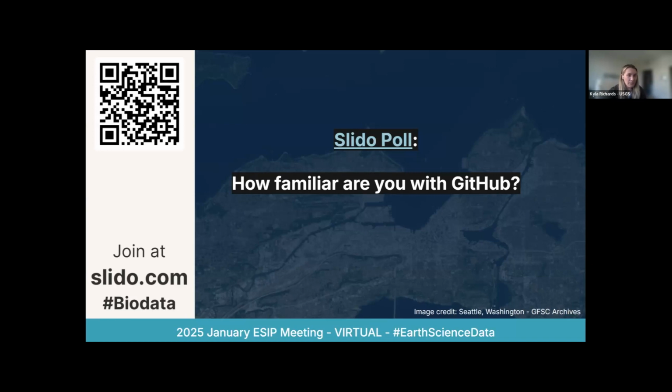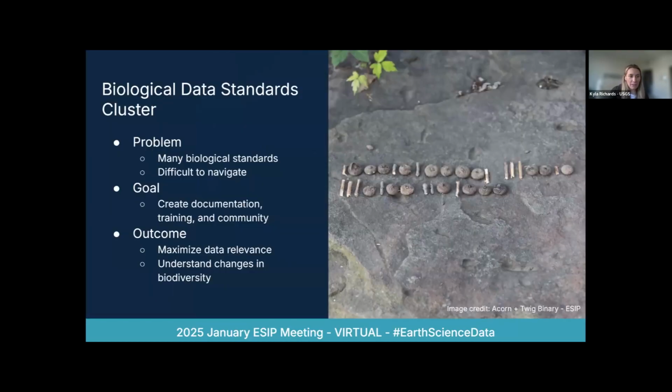And now we are going to move into the overview of the primer that we have been developing and some background on the Biological Data Standards Cluster. So this cluster was formed in 2020 to address the inconsistencies regarding standards in biological data. The goal of the cluster was to create trainings, documentation, and a community around biological data so that we can maximize data relevance.